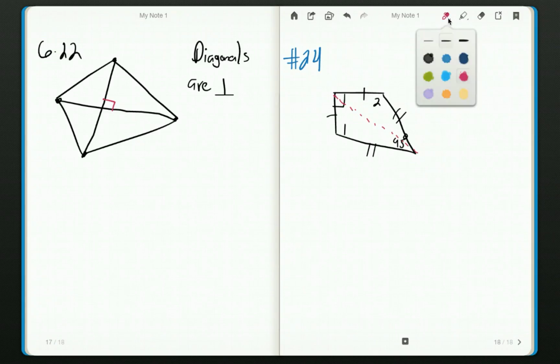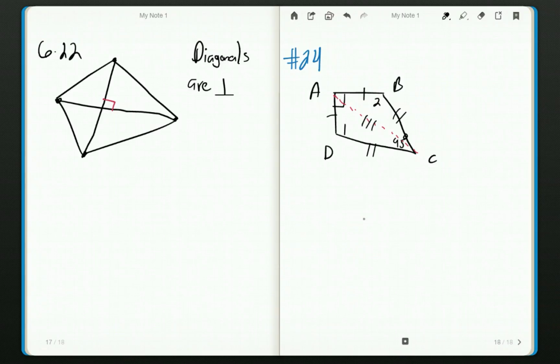If I do a diagonal there, and I label this A, B, C, and D, you'll notice that this diagonal is congruent to itself. So that means that triangle ADC is congruent to triangle ABC.